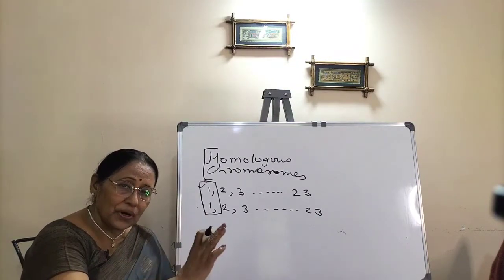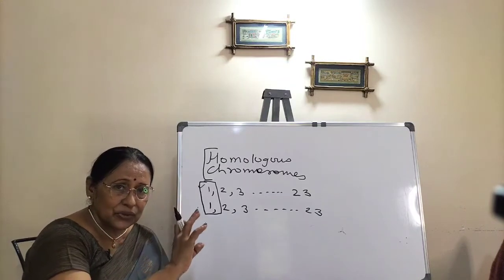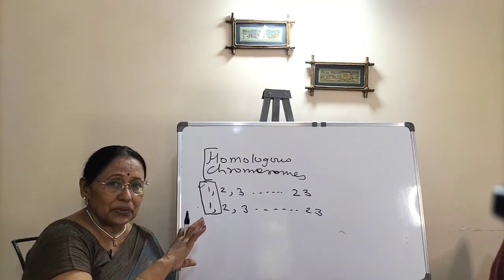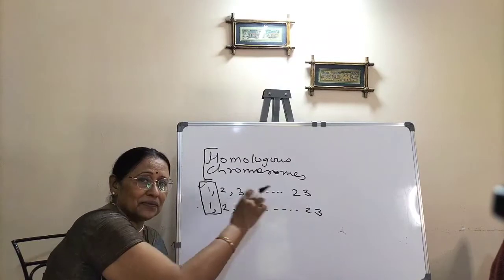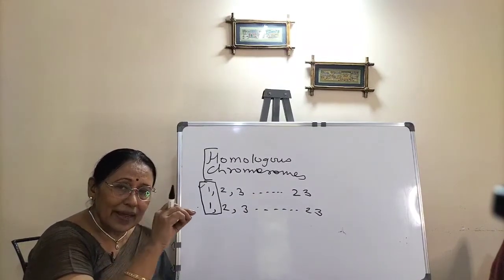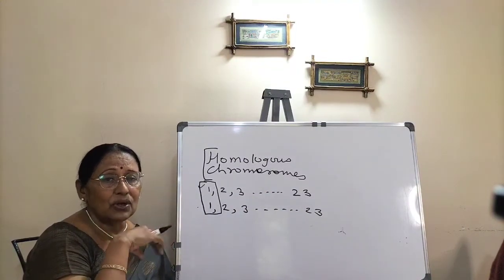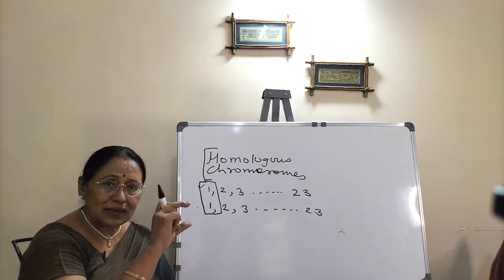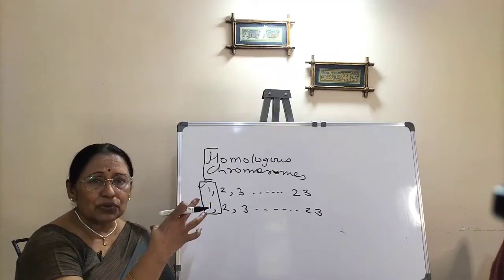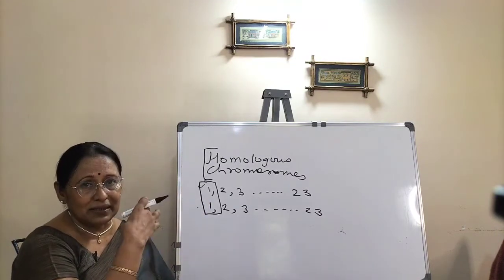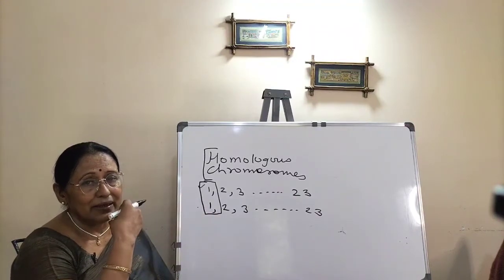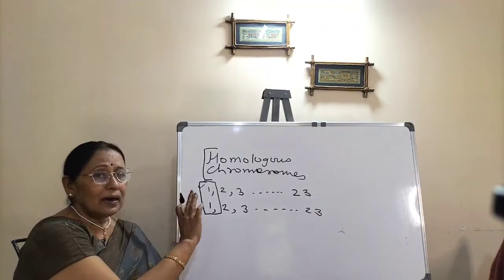This is true for all the autosomes. Only in case of sex chromosomes, X and Y are not homologous to each other. X is much longer, having many extra genes which are not present in the Y chromosome.